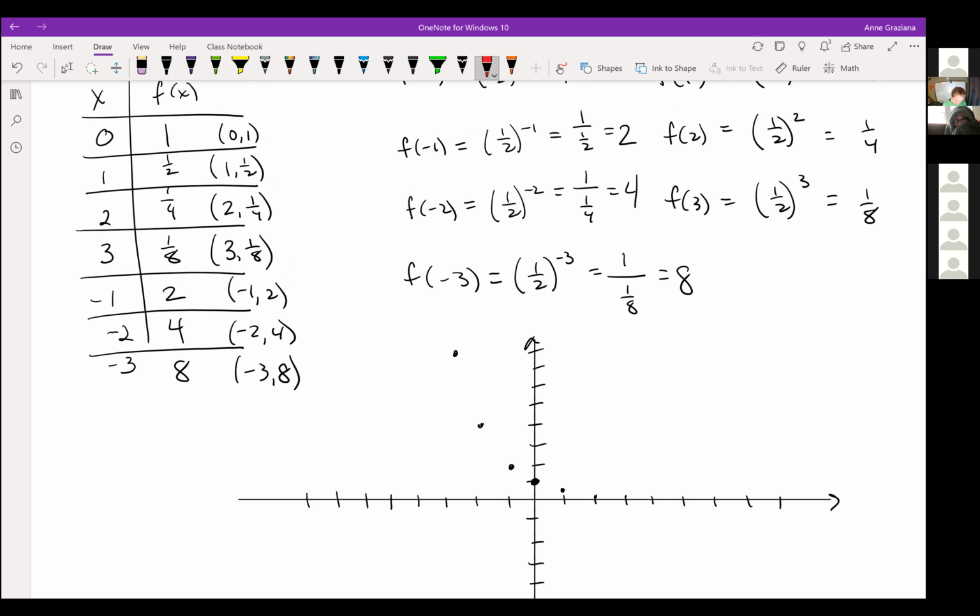So what's happening here? The opposite. The negative side is increasing, and then the positive side is decreasing.